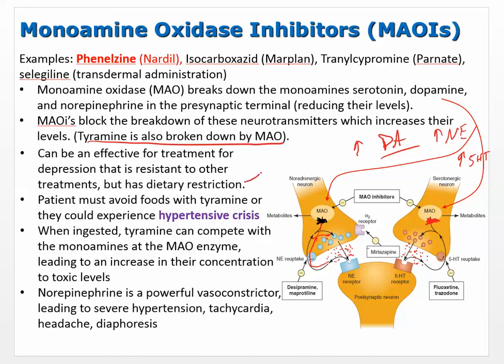Guess what that dietary restriction is? Things that have tyramine, because tyramine also wants to be broken down by monoamine oxidase. It says, hey, I'm here, I want to be broken down too. And when you have high levels of tyramine, guess what?